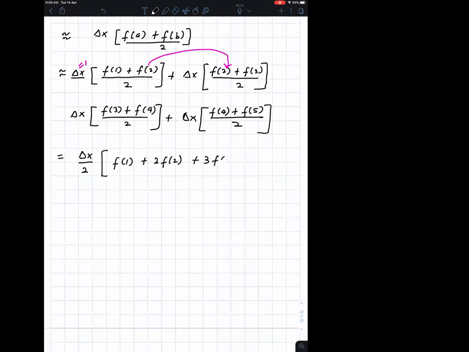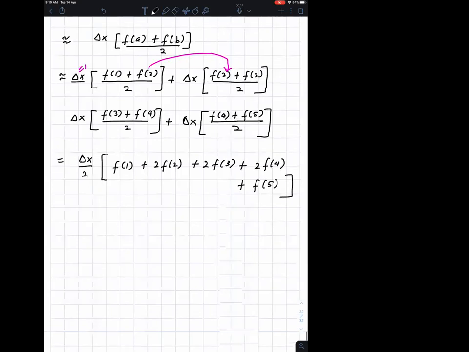Plus 2f3, plus 2f4. The last one is plus f5. Sorry, we have f6 here. We still have f5. Do we have f6 here? F6 is missing, sir.